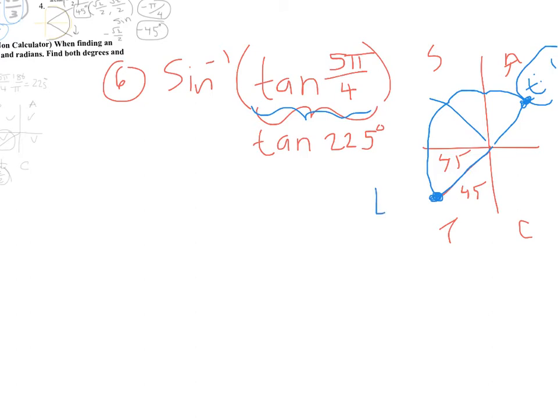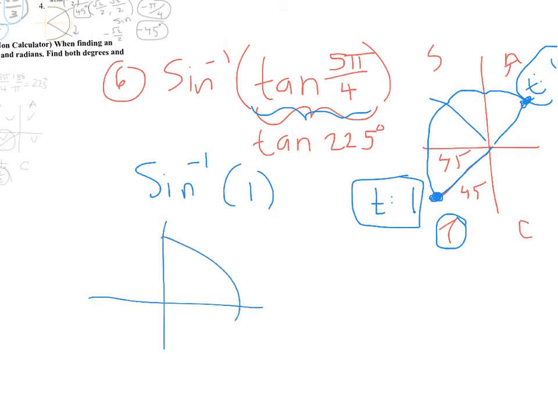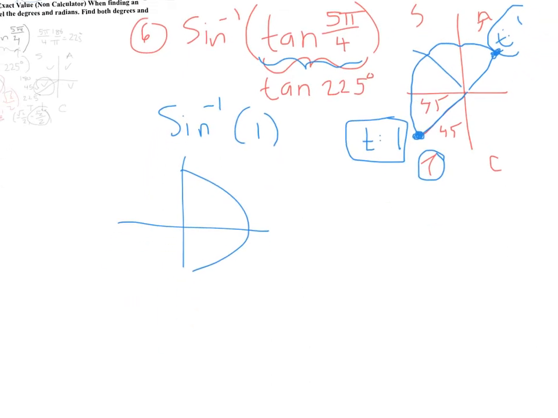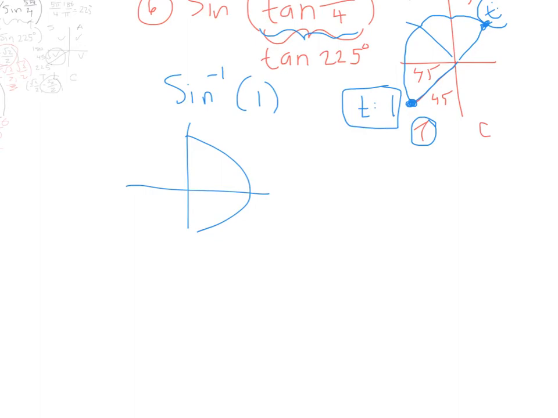So the tangent there would also be some form of 1. Then we have to think positive or negative. If you remember, All Students Take Calculus, in quadrant 3, tan is positive. So our tan value is 1. The tan at 225 is 1. Now we're going to find inverse sine of 1. We know our answer is going to be between negative 90 and positive 90.